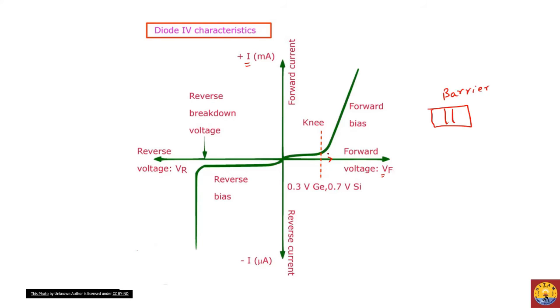Okay, and until you apply a voltage which is greater than this barrier potential, there is no increase of current. Very low amount of current exists below the barrier potential. So you need to apply a forward bias potential more than the barrier potential, and beyond the barrier potential, there is a sudden increase in the value of current.